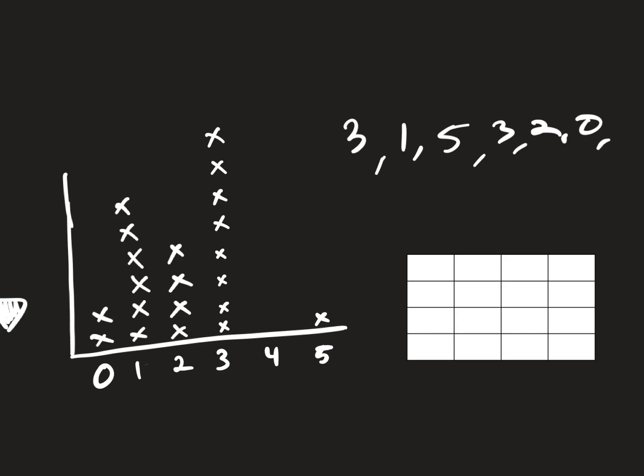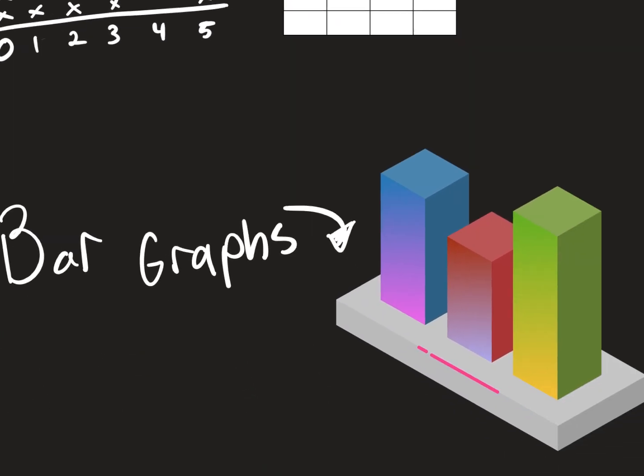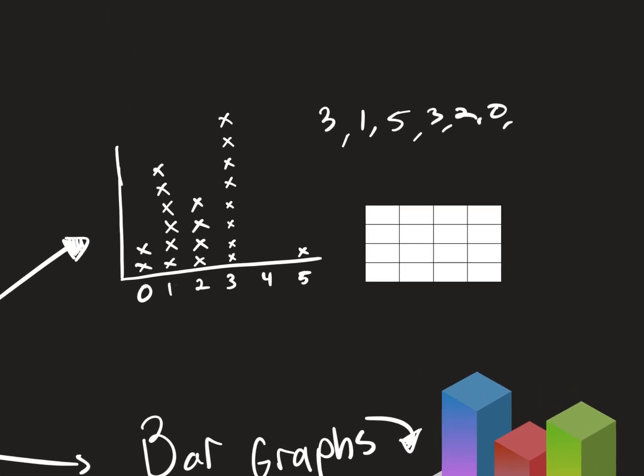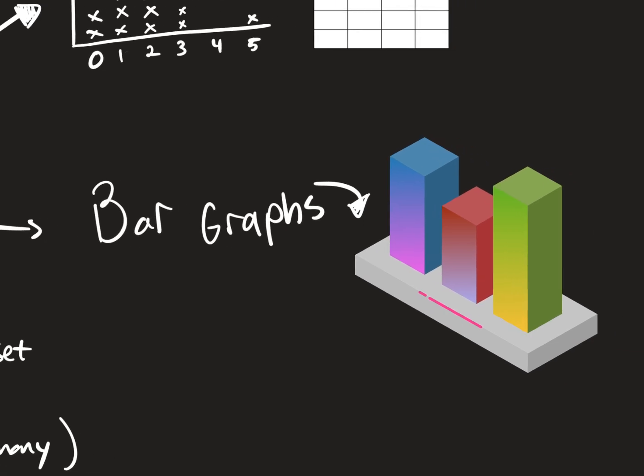So if, for example, I had 2 zeros, I would put 2 X's up top, and it just shows the frequency of how many there were. So those are dot plots. Histograms are basically bar graphs that do the same thing. It's just a different representation.